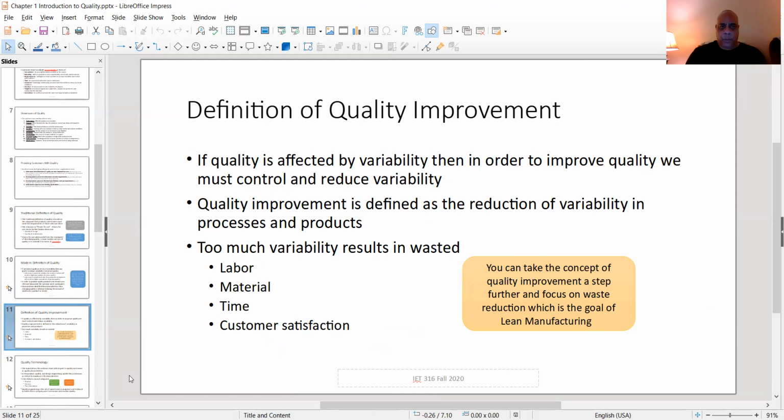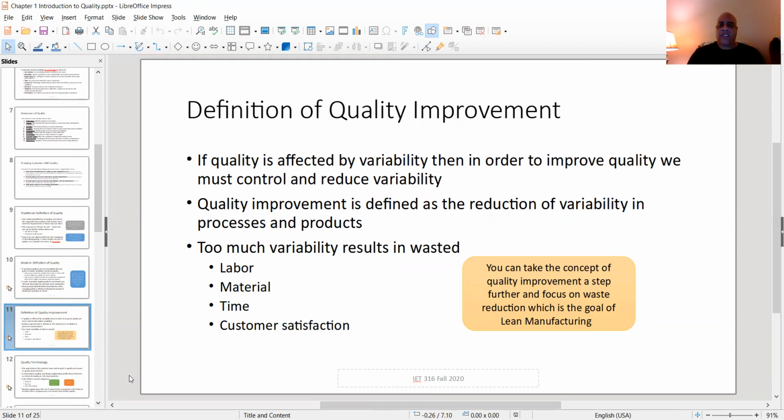Again, we start to get into quality improvement. Now, when we talk about quality improvement, I'm just going to say this. If quality is affected by variability, then in order to improve quality, we must control and reduce variability.